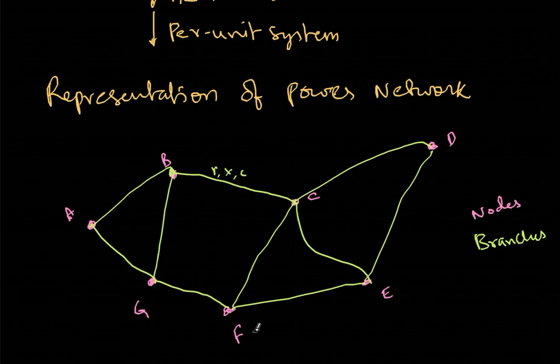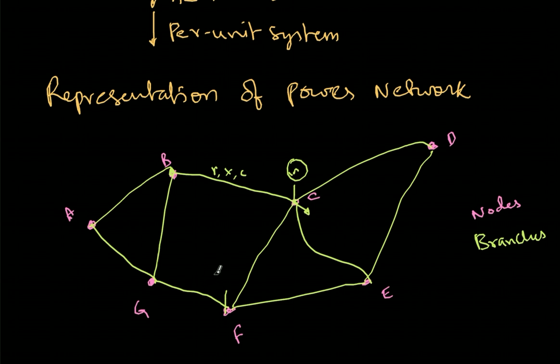Now, depending on the type of the city, for example, C may be a generator. There may be a generation plant at C. Of course, there will be some load also, but when I say C is a generator, I mean the generation is more than the local load at C, so it is exporting power. The power may go from C to D or C to E and so on.